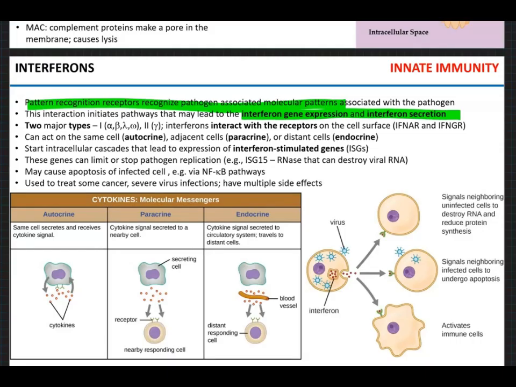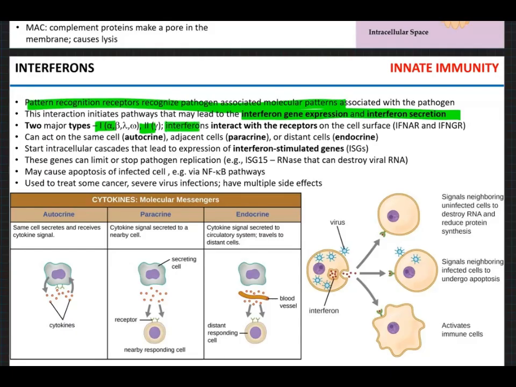There are two types, 1 and 2, and they are produced when there is an infection. Does that make sense? Not every infection results in interferon production, but infection is required for interferon production.